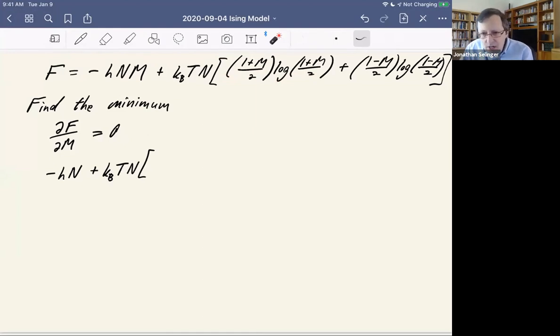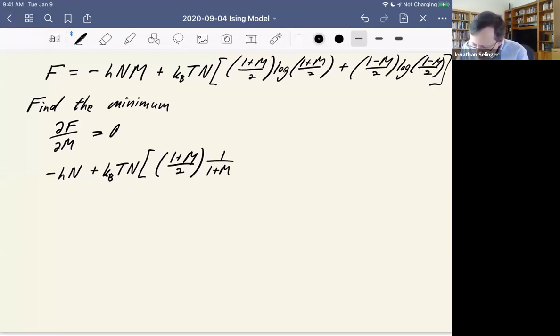The derivative there is the first thing, (1 plus m)/2, times the derivative of the second thing, which is 1 over 1 plus m. Then I add the derivative of the first thing, 1/2, times the second, which is log of (1 plus m)/2.